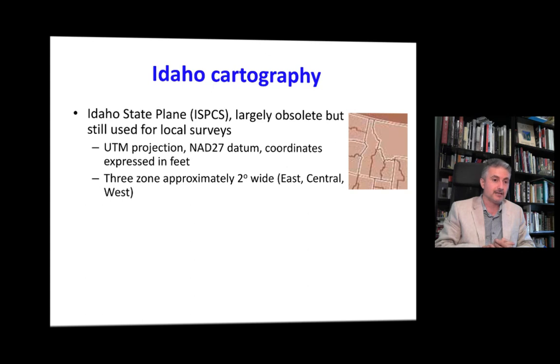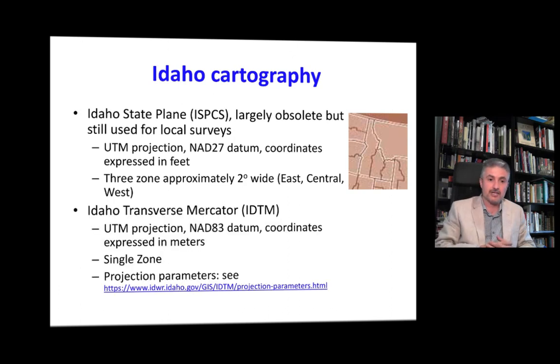And we have 3 zones in Idaho, so there's 3 projections done with separate central meridians. Each zone is approximately 2 degrees wide. They're termed East Zone, Central Zone, West Zone. We are, of course, in the West Zone.